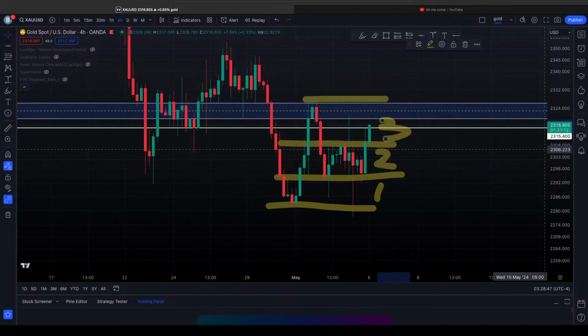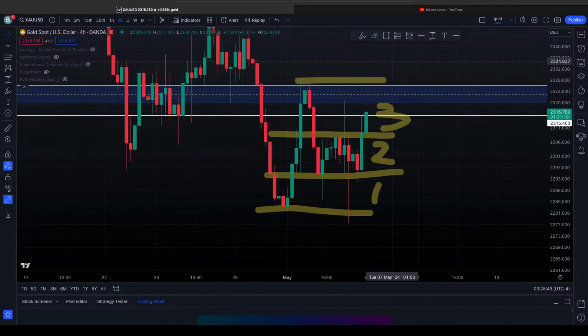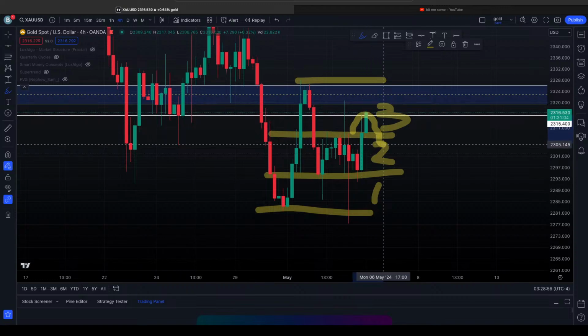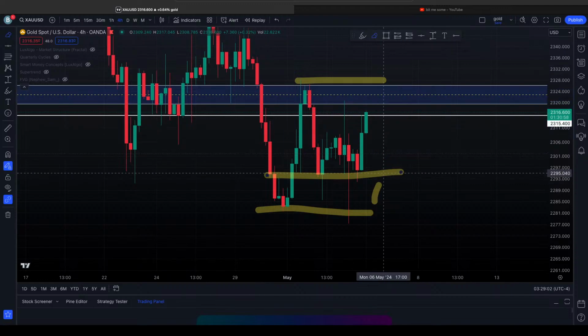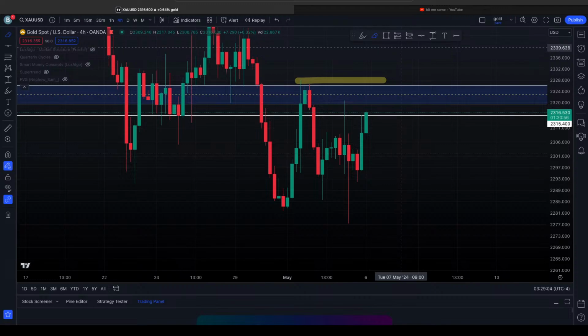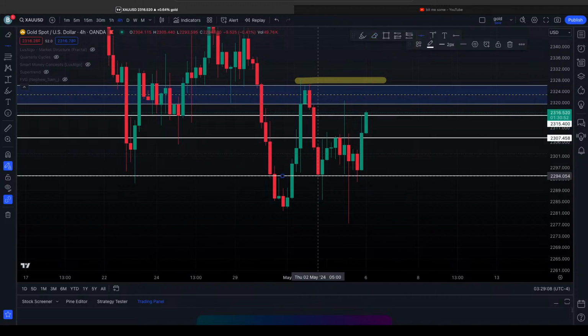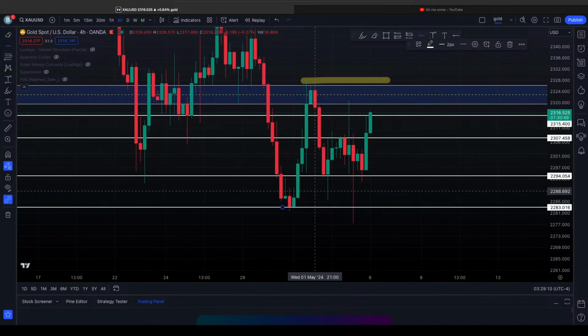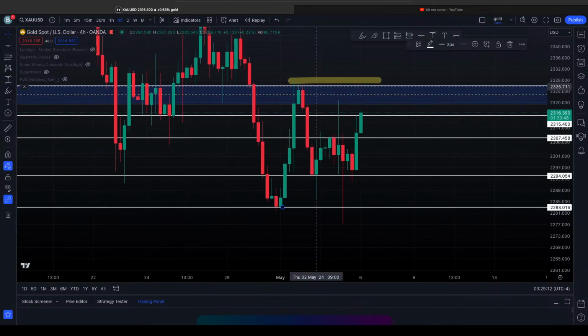So what I've seen a lot of times happen is we do tap into this range 3 level, and then we end up coming back to level 2 to grab liquidity, so we could finish off that range. So that's just kind of what I'm thinking could possibly happen. Let me see, I could put this stop here, something like that. And I do see these highs up here being tapped.